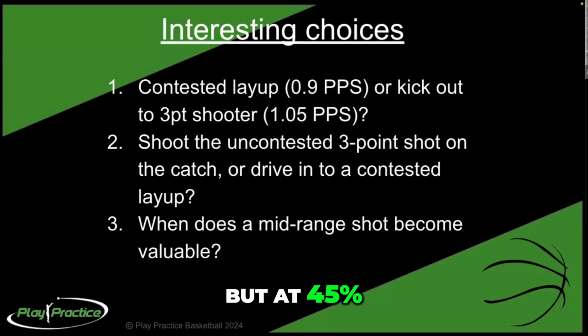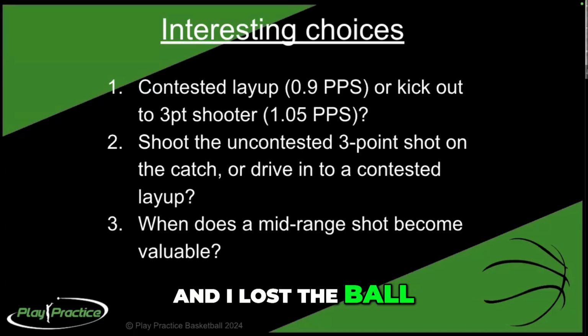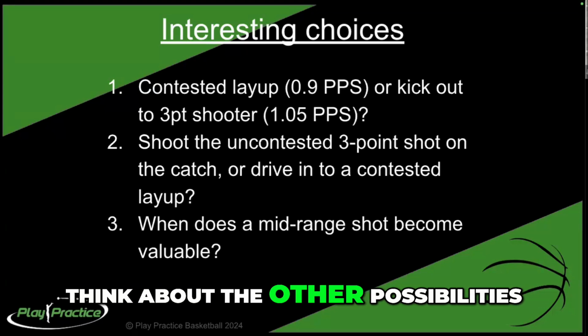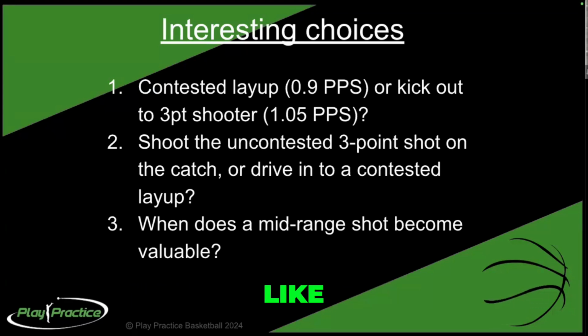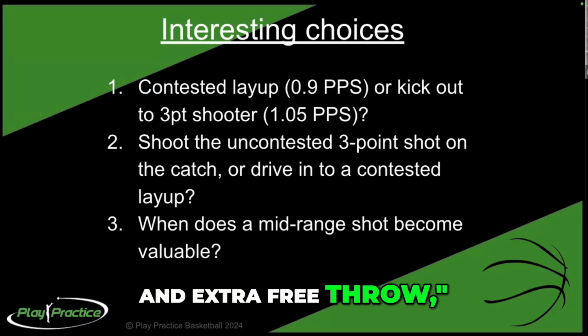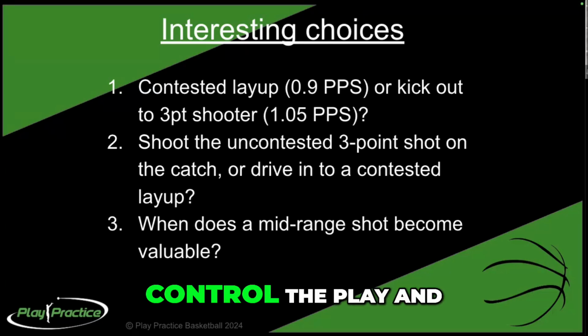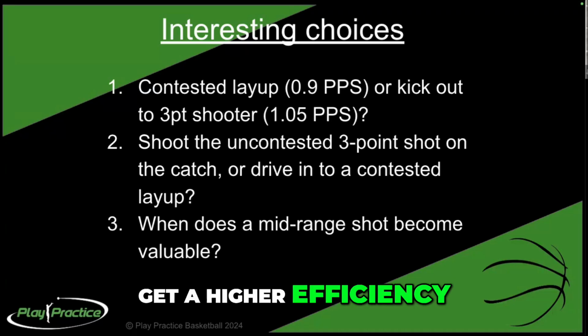But at 45%, the outcomes could be: yes, I make the shot and get fouled. It could be I make the shot and I was fouled but nobody called it. It could be I miss the shot and I get fouled, or it could be I missed the shot and nobody called a foul and I lost the ball, right? And we don't really think about the other possibilities. We're so dialed in, like I want the and-one put back with a foul and an extra free throw, when we could be saying I want to keep possession of the ball and control the play and get a higher efficiency shot.